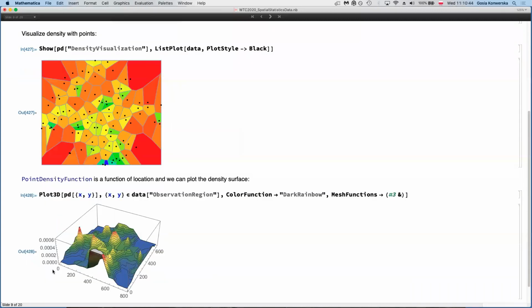What you see also here is that PointDensity returns a PointDensityFunction, and this is going to be the output for all the density functions. And the point density function is a function of a location, so we can plot it using Plot3D, we can plot the surface for the points, the locations inside the observation region.